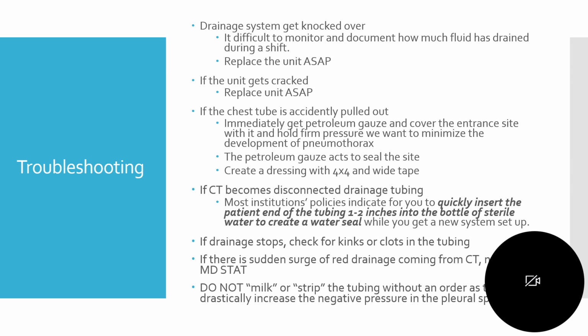If the chest tube is accidentally pulled out, immediately get the petroleum gauze, cover the entrance, and hold it with firm pressure to avoid the development of pneumothorax. Once that petroleum gauze is on, you can put the 4x4 and white tape. And obviously the patient may get a chest x-ray to see whether it's worth reinserting the tube or not.